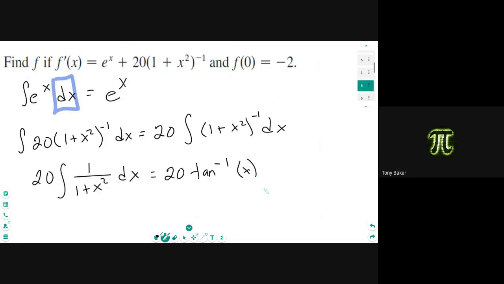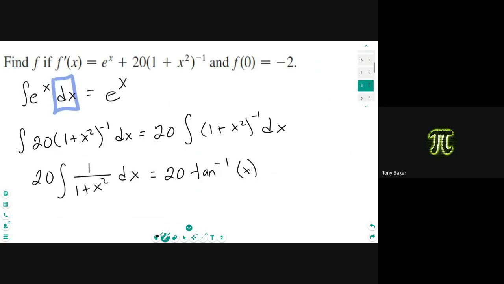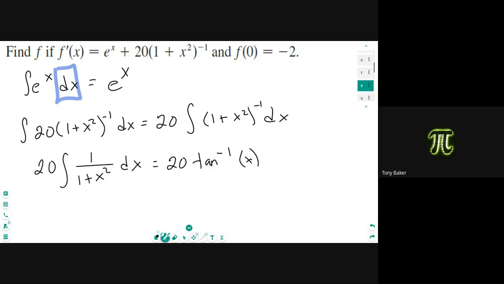All right, we're not done with this problem. So we're going to put it all back together. So f of x is e to the x plus 20 arctan of x plus c.